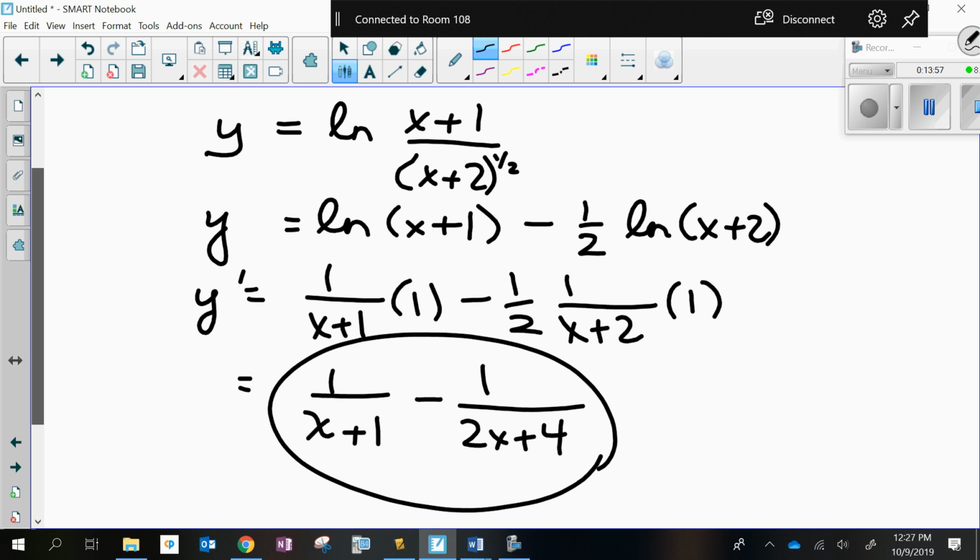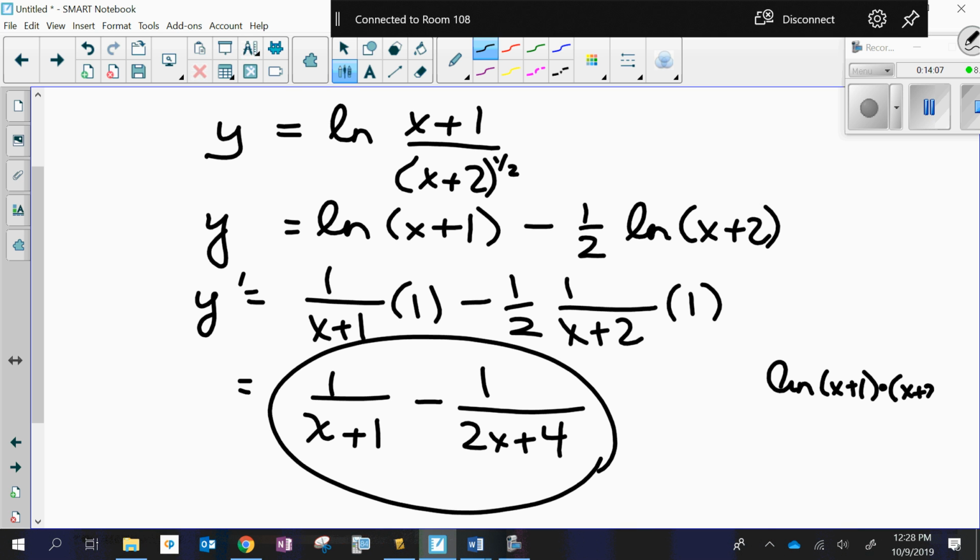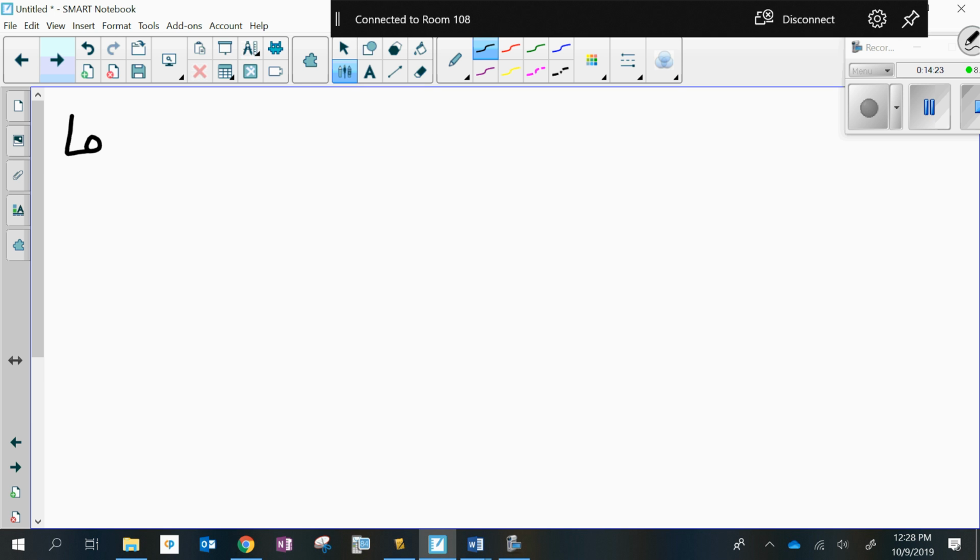And if you did that, you would have x plus 1 times x plus 2 to the negative 1/2, and once you do the ln of x plus 1 plus, that would just give you your negative when you pull it out. Oops, I forgot my ln.